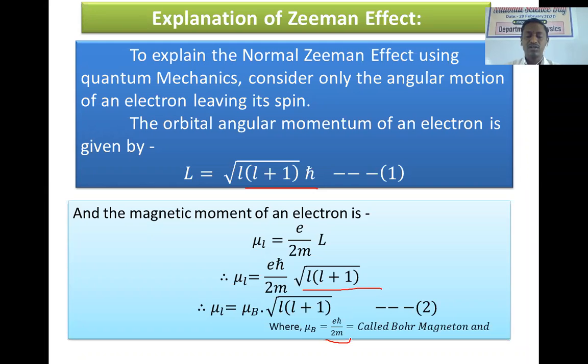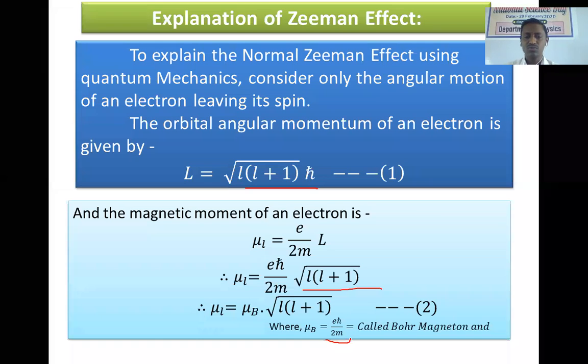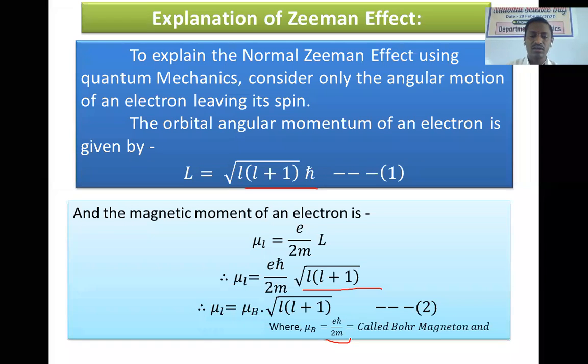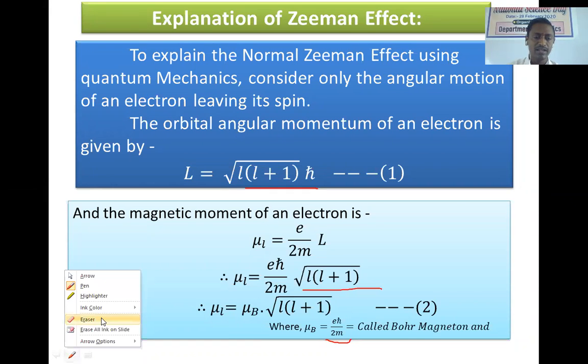The value of the Bohr magneton is a constant quantity because e has the same value, h cross is constant, and the mass of the electron is also constant. Therefore the value of the Bohr magneton is constant. Hence the magnetic moment of an electron can be written as mu equals mu B into under root of l(l+1).